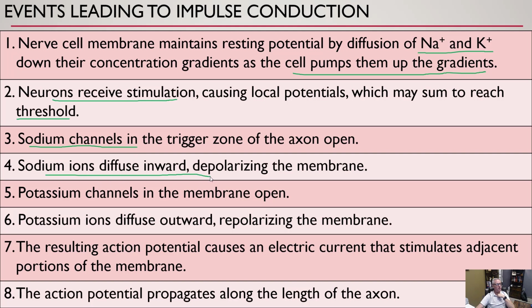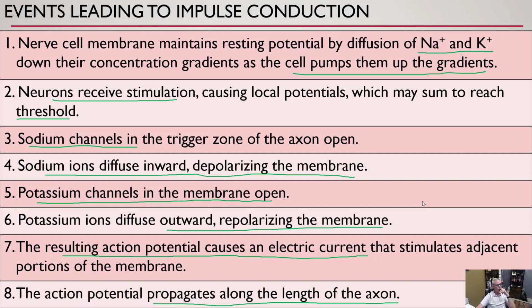Sodium rushes inward. We go through depolarization. Potassium voltage gated channels open up, potassium leaves the cell, and we repolarize that cell membrane. That action potential causes that electrical impulse to propagate or move down the length of the axon.